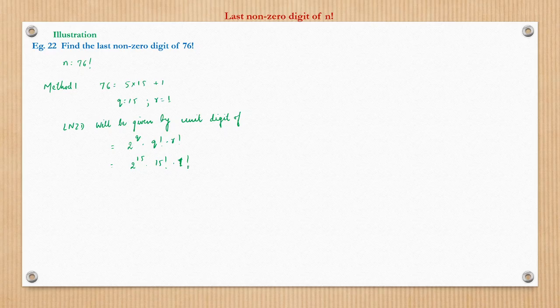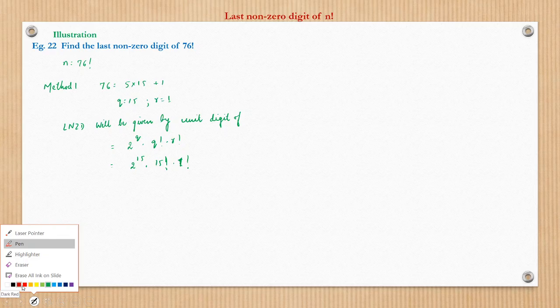Now see, rather than simplifying the problem, we have not simplified it to a stage we can calculate manually. Now 15 factorial again is a big number. 2 raised to power 15 is again a big number. So this method has limitations, right? Though we may again use this formula over this 15 factorial to find the unit digit of 15 factorial, again this will be time taking. So better we will go directly to method 2, and henceforth we will be using method 2 only.